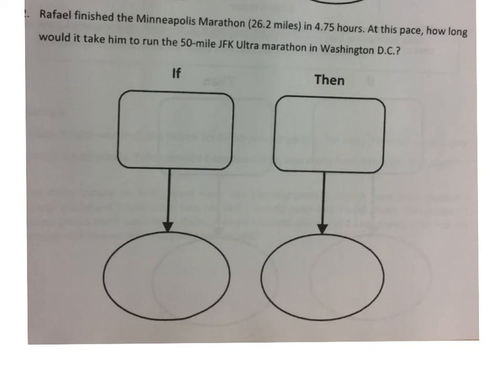Okay, on this last one, it says Raphael finished the Minneapolis Marathon, which is 26.2 miles, in 4.75 hours. At this pace, how long would it take him to run the 50-mile JFK Ultramarathon in Washington, D.C.? This is the information they give us. He goes 26.2 miles, and he does that in 4.75 hours.